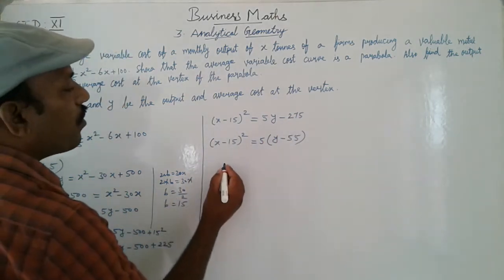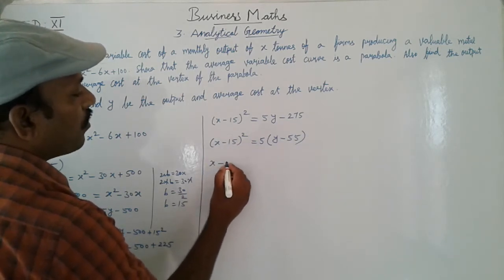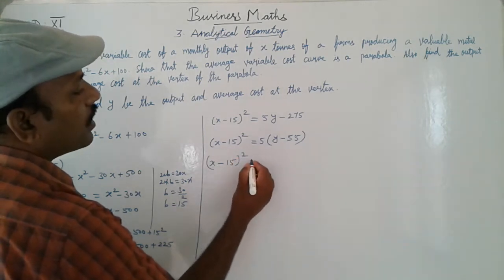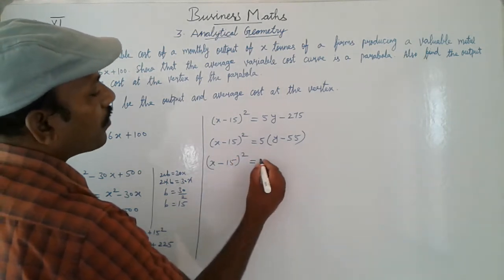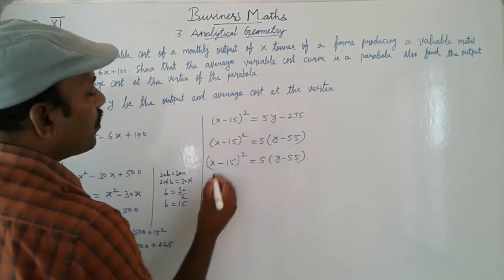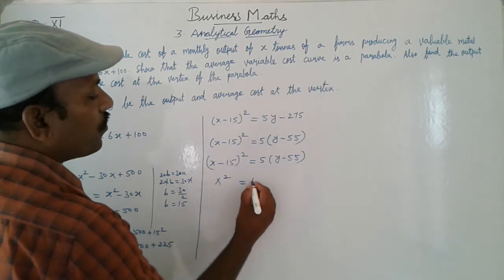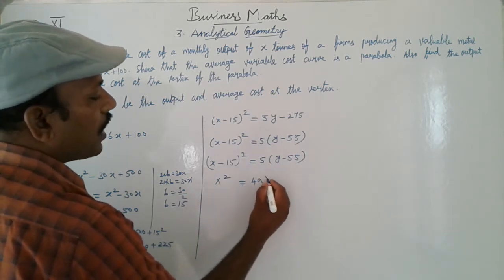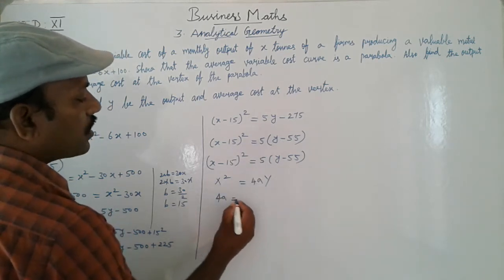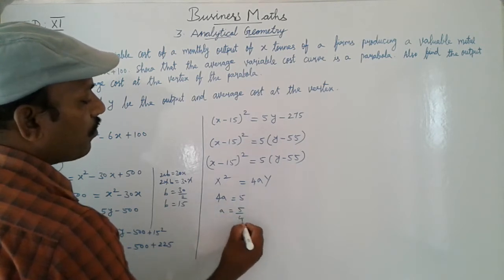So the format is (x minus 15) whole square equal to 5 into (y minus 55). This format is capital X square equal to 4a into capital Y, where 4a equal to 5, so a equal to 5 by 4.